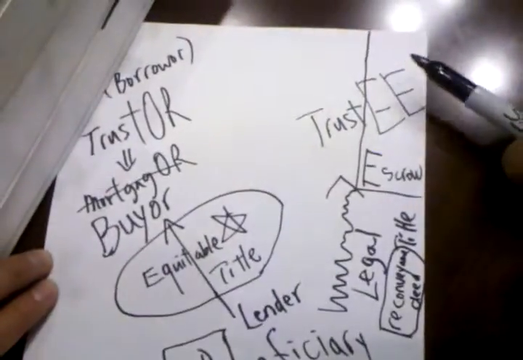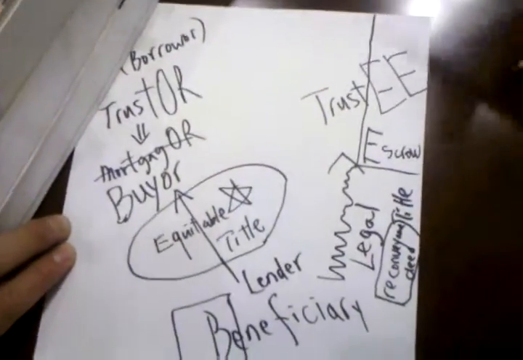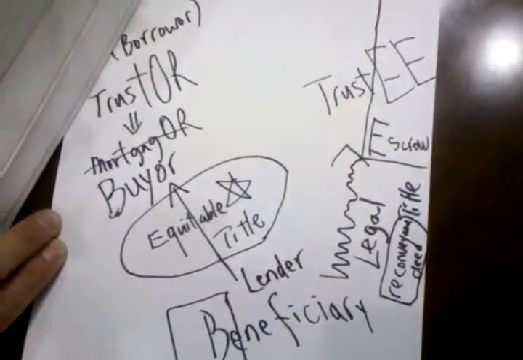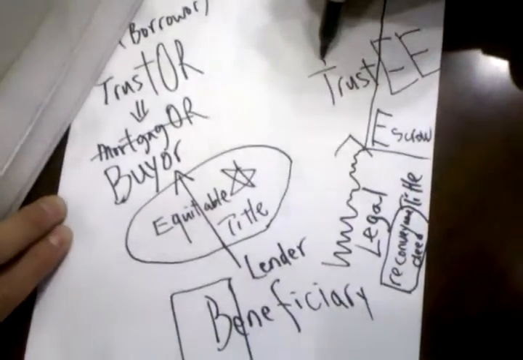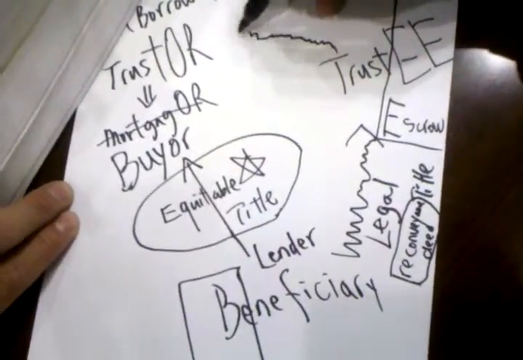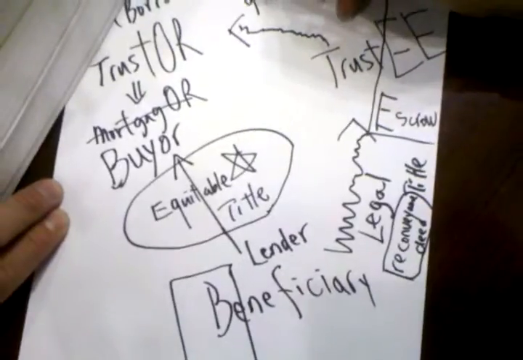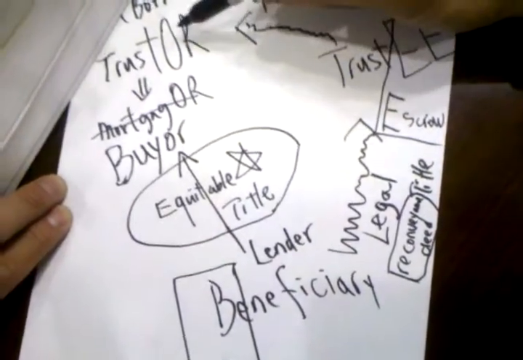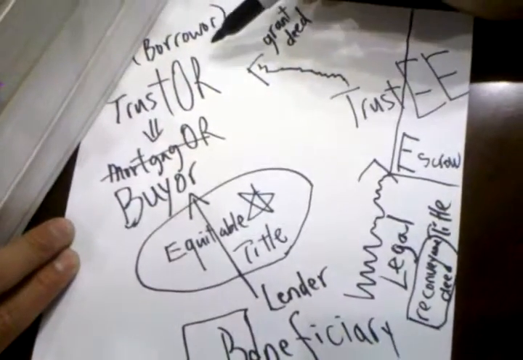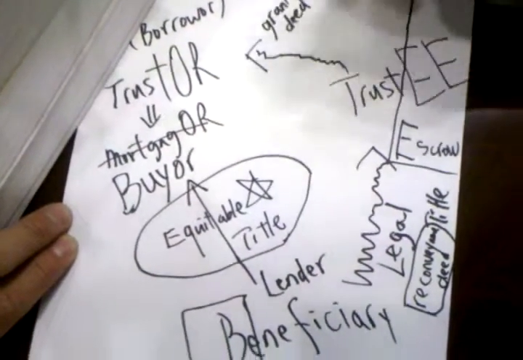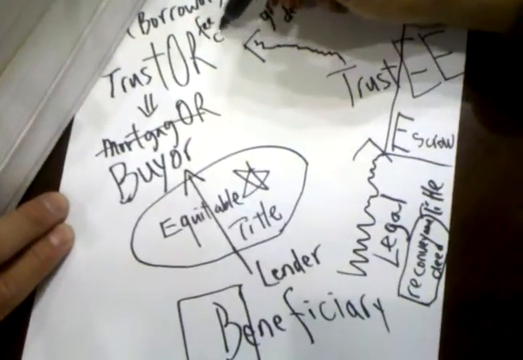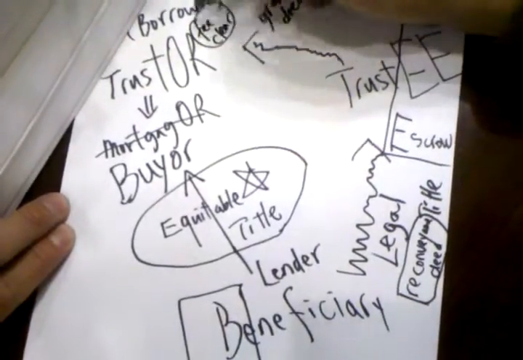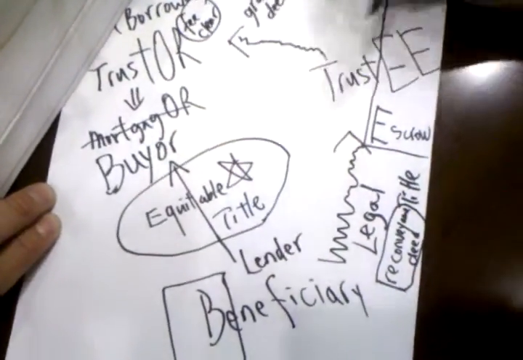Beneficiary tells the trustee, hey, record this in the county recorder. Then this guy is going to give a deed called grant deed. Whenever this guy has a grant deed, it means that the truster is paid free and clear. So this is a good ending.